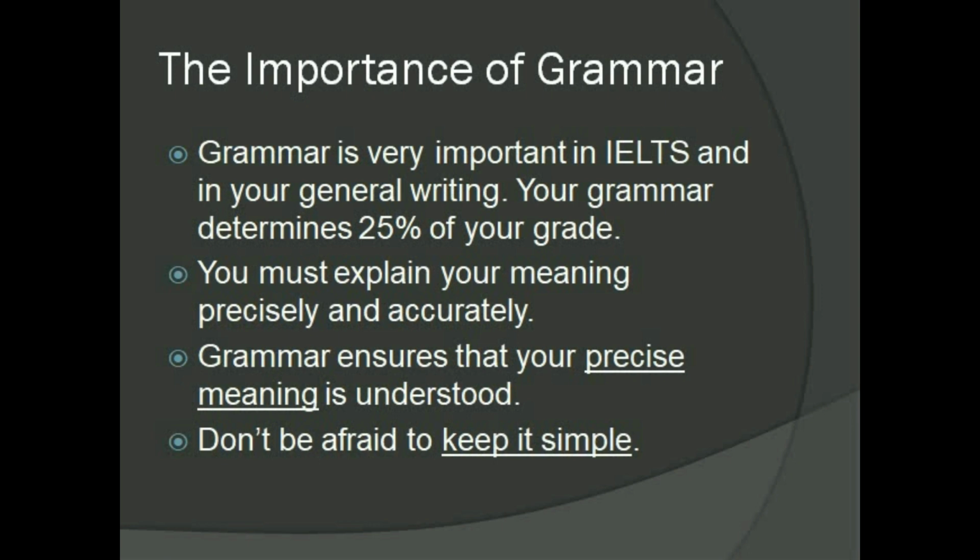And so grammar is an important component of your writing. You must explain your meaning precisely and accurately in your writing. And your grammar makes sure that you are understood. And bad grammar means that you will not be understood.